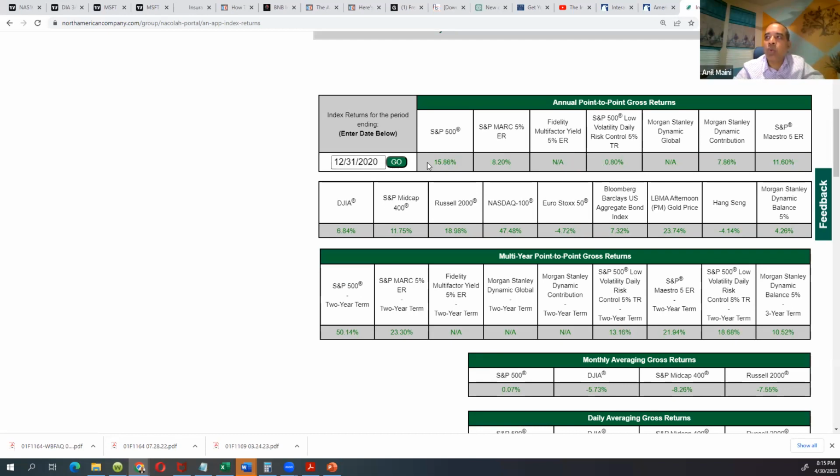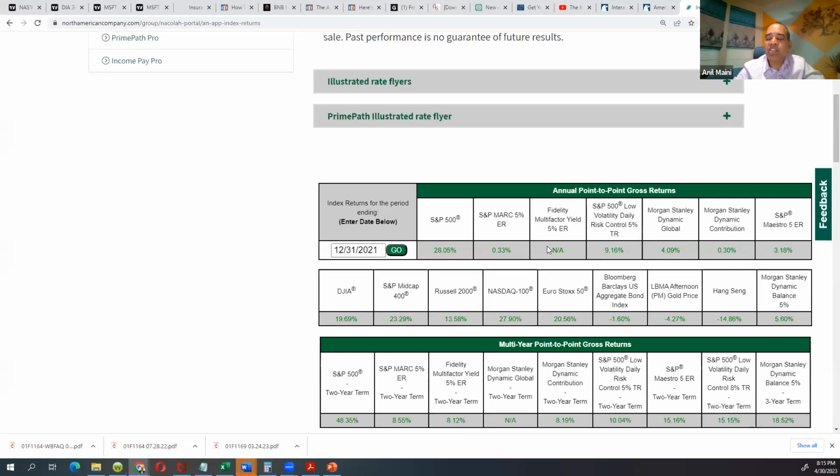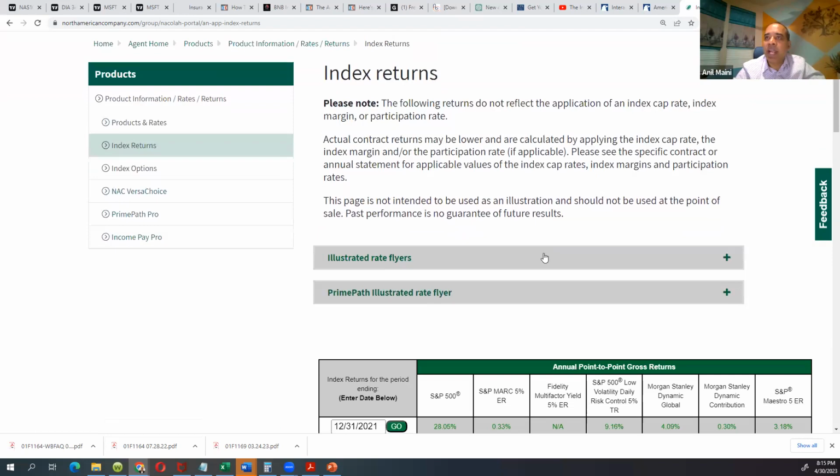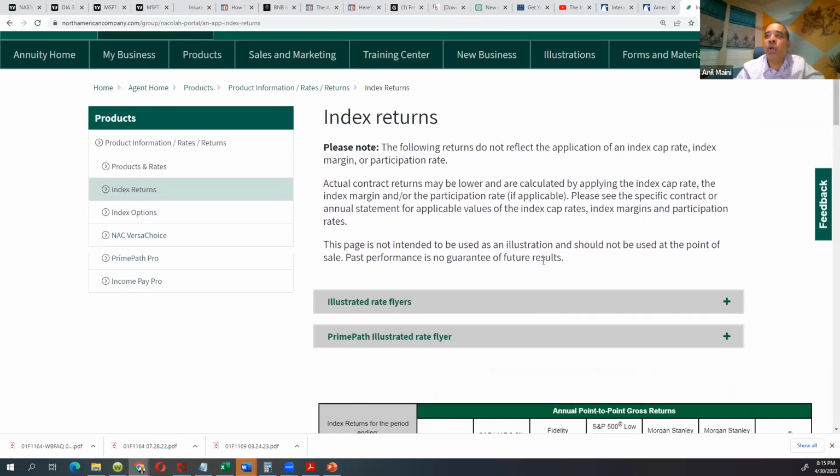In 2020, it went up 15%. In 2021, it went up really well, 28%. With that kind of returns, most of our illustrations performed really well, and whoever took those products also performed really well.